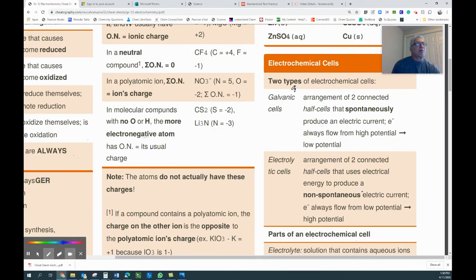Other important concepts are the galvanic cell and the electrolytic cell. In a galvanic cell, the process takes place spontaneously, so the free energy delta G will be less than 0, that is spontaneous.